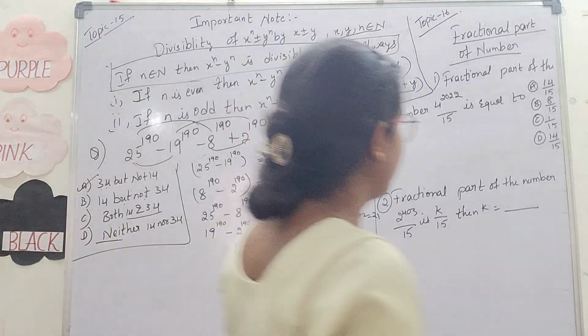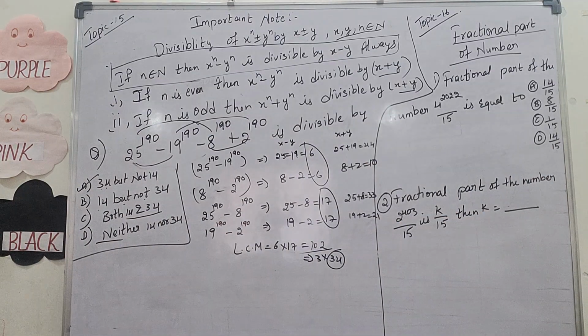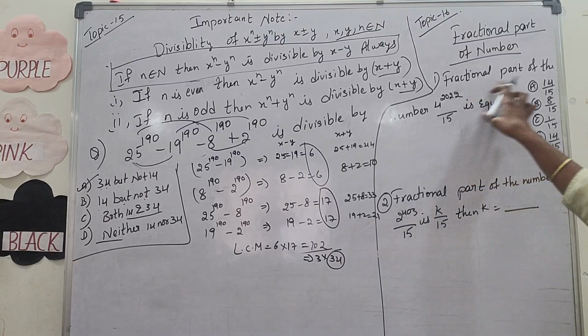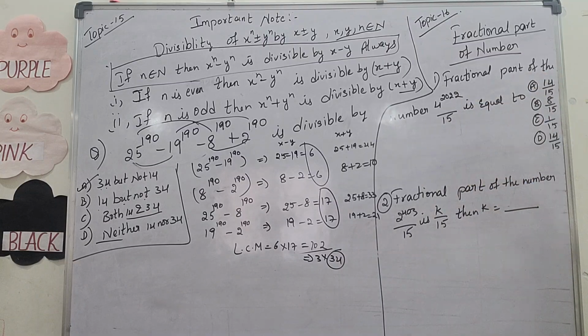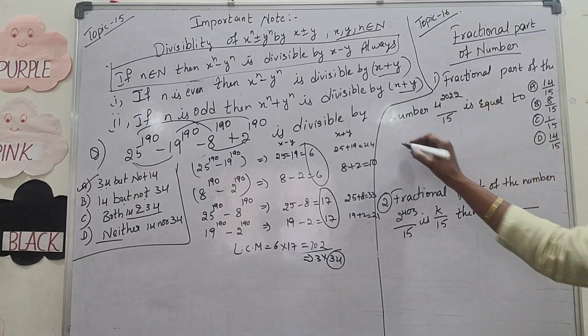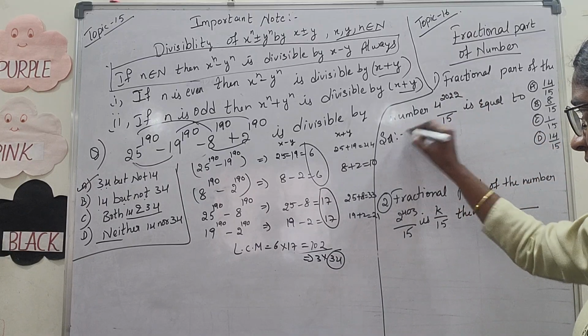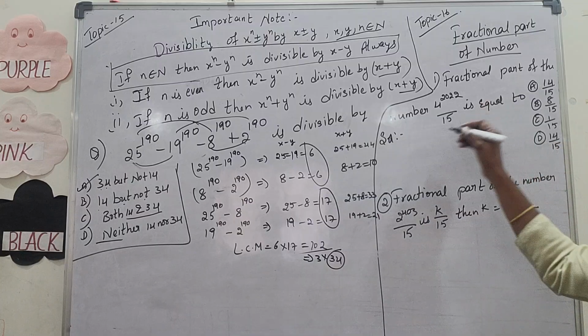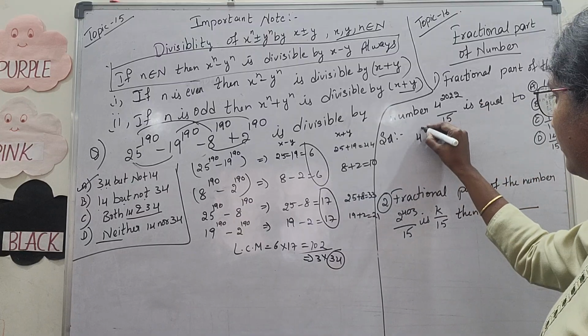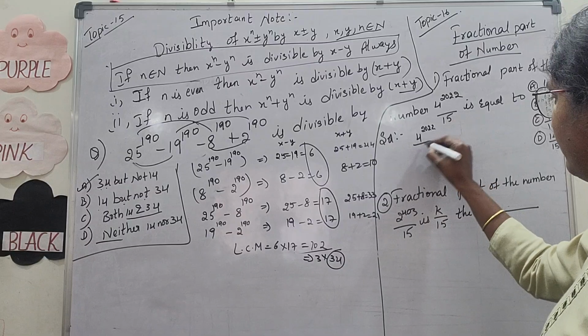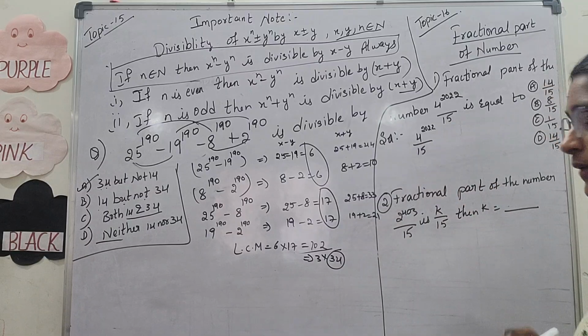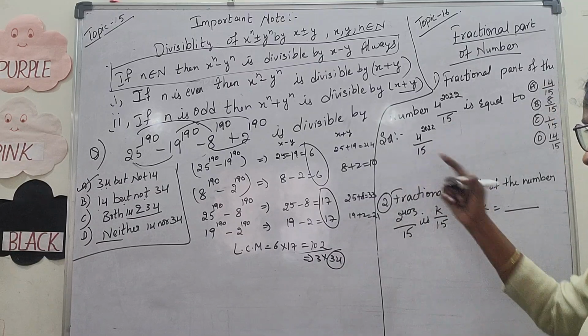Now in this, the fractional part of the number. We already know the remainder theorem in this kind of problem. So to find the fractional part of 4 power 2022 by 15, 4 square is 16, which is near to 15.